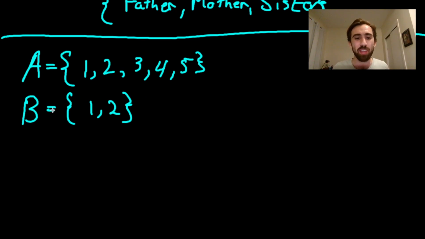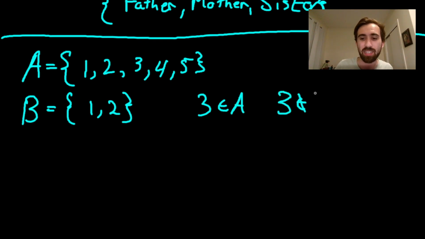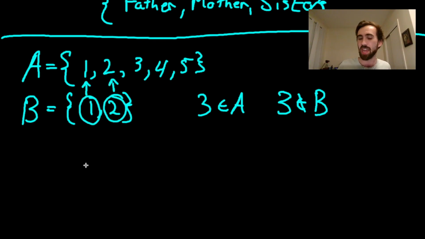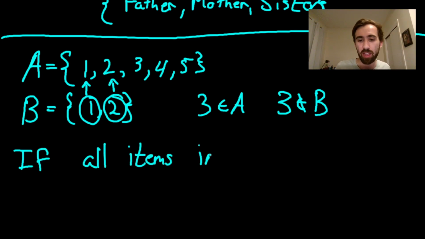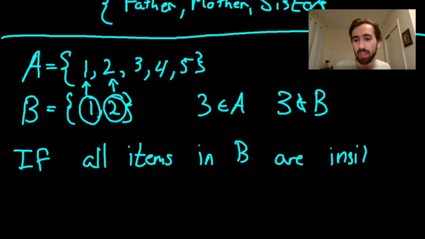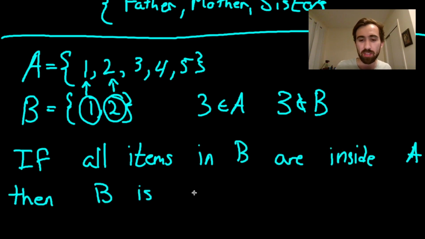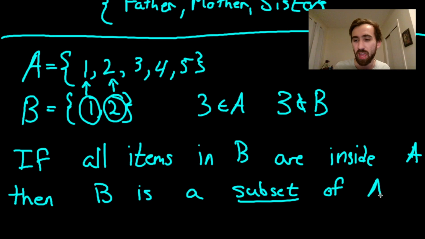Now we see that there exist some items inside of A that are not present in B. For example, 3 is in fact in A. However, 3 is not inside B. Yet, if we were to look at every single item that is inside B, every item inside of B is inside of A. Now, this is quite special, and in fact, we have a term for this. If all items in B are inside A, then B is a subset of A.